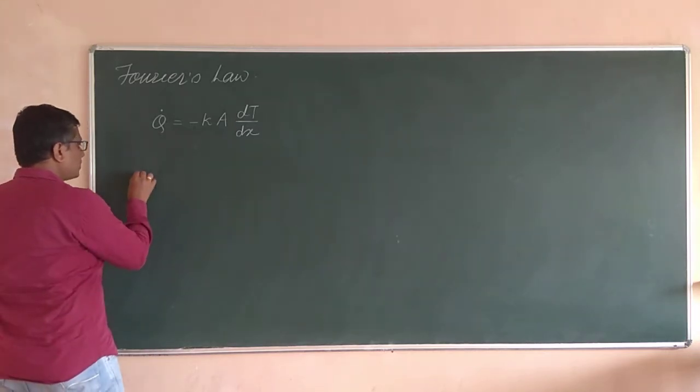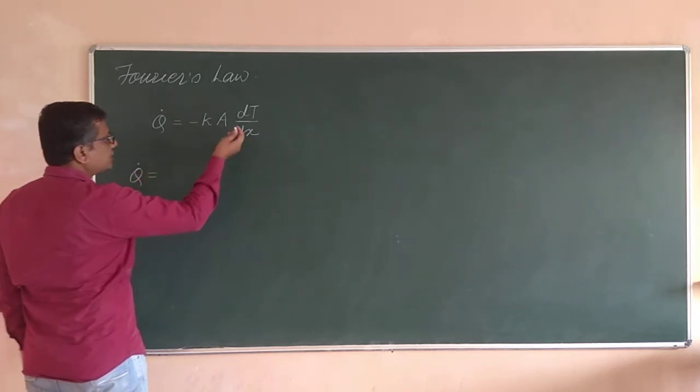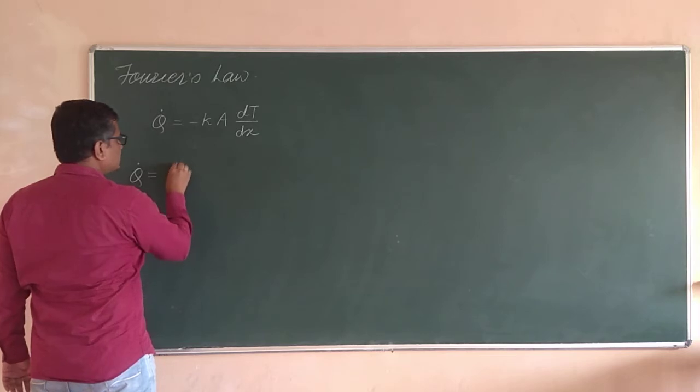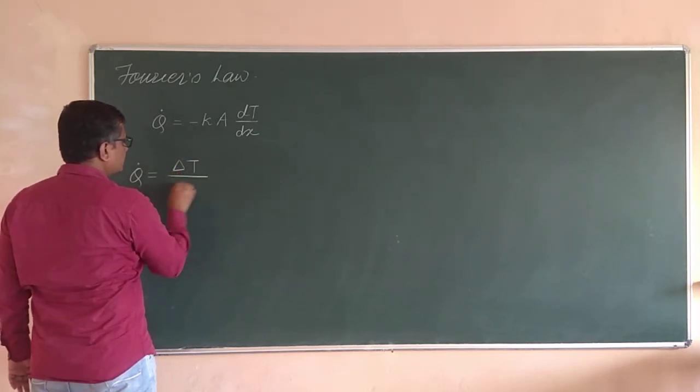Next we have equated this statement Q dot to delta T divided by a certain thing.